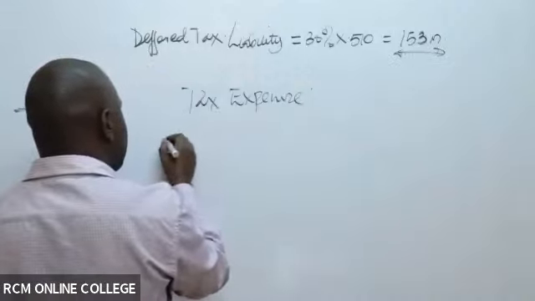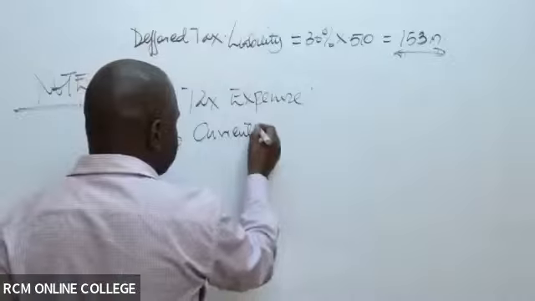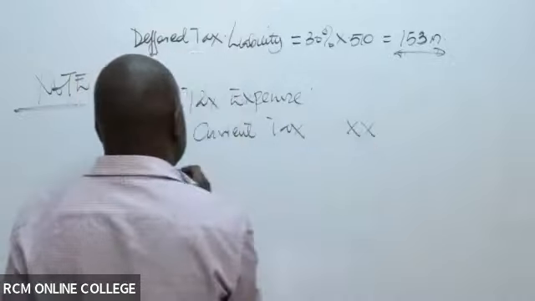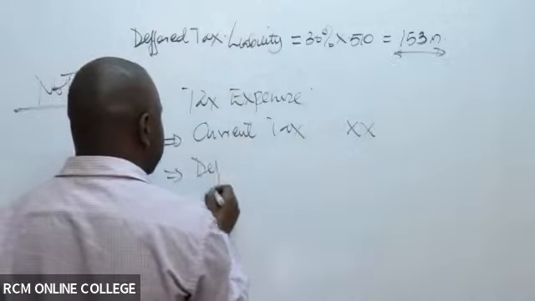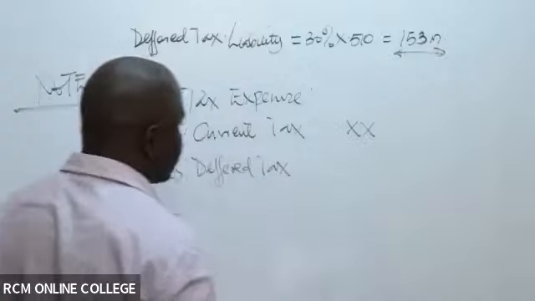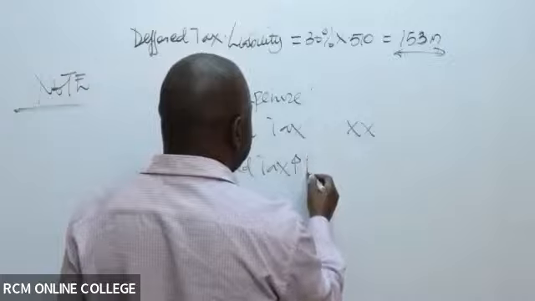will be equal to the current tax plus the deferred tax. But of course, this deferred tax can either be a gain or a loss.